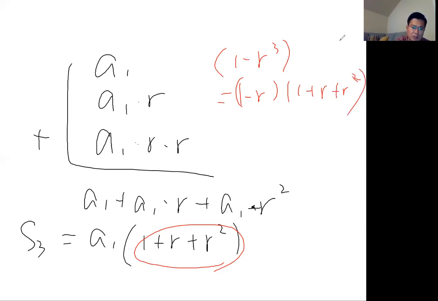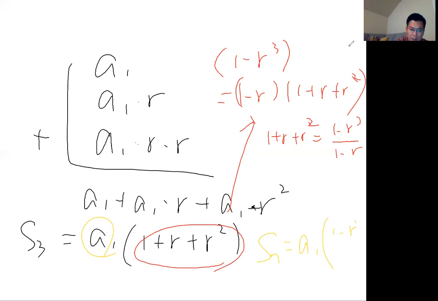Applying this here, 1 plus r plus r squared becomes (1 minus r cubed) divided by (1 minus r). Using this idea in this formula, Sn is now a1 times (1 minus r to the nth) divided by (1 minus r). So this 3 is equal to this 3. That's how you can think about it, okay?